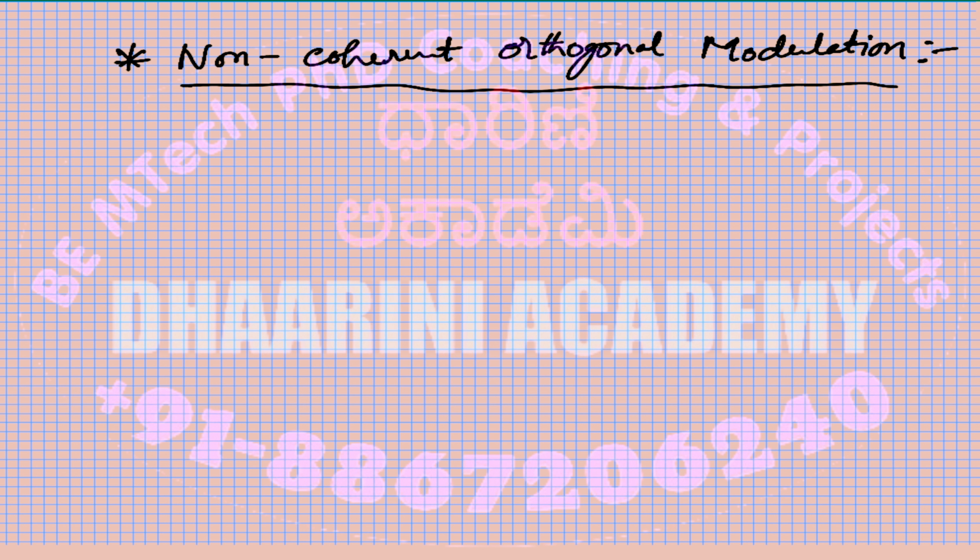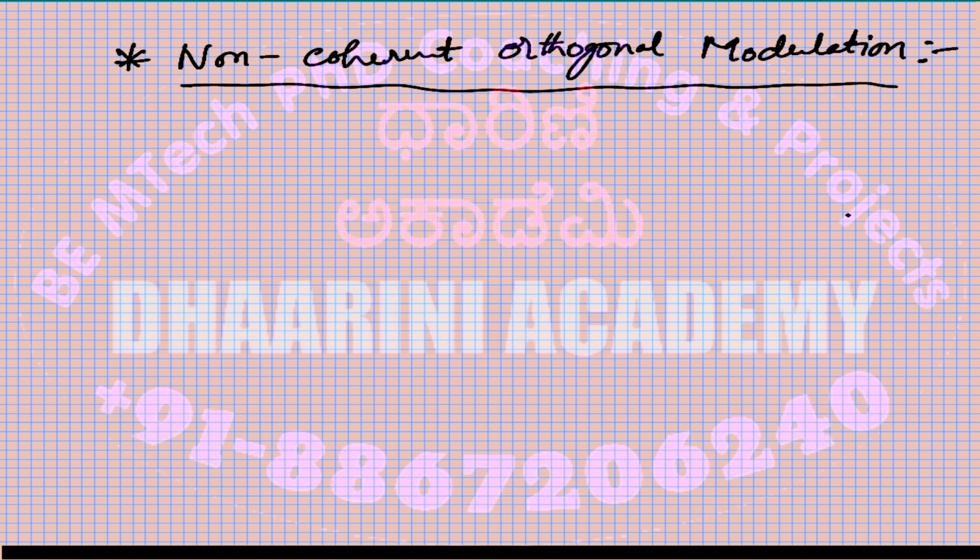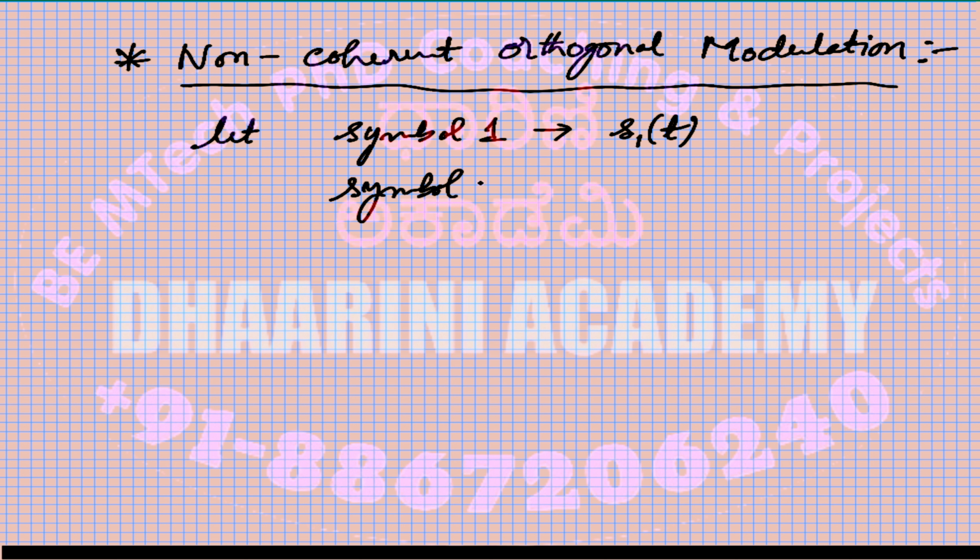If we use a binary signaling scheme where zeros and ones are represented by two orthogonal signals like S1 of t and S2 of t, the symbol 1 is represented by S1 of t, and symbol 0 is represented by S2 of t.